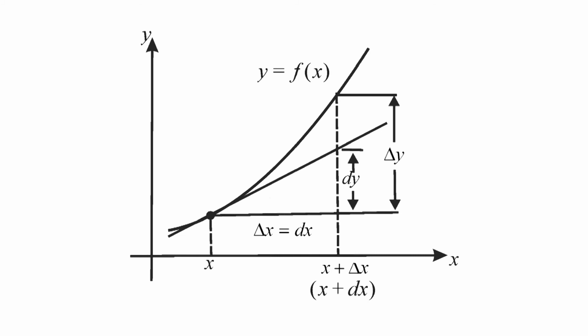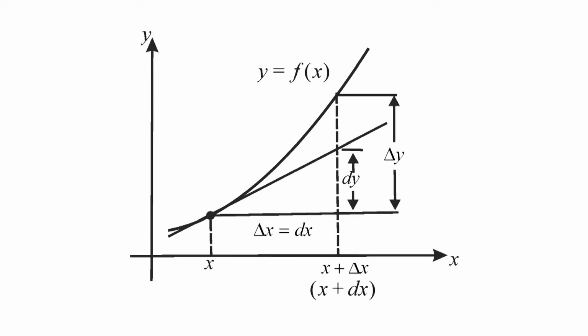It is important to understand the distinction between the increment delta y and the differential dy. To see the difference, let us assign the independent variables dx and delta x the same value, so that dx = delta x.